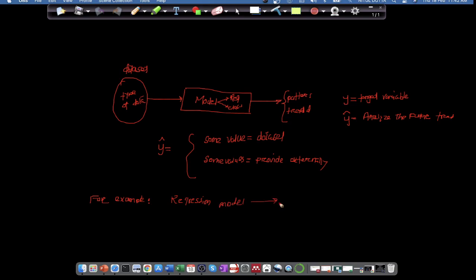In that case, from the given data, we compute the mean, median, or standard deviation, right?